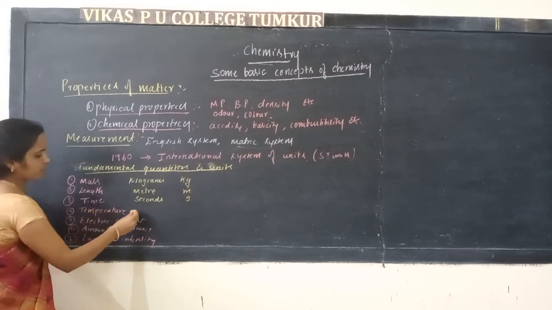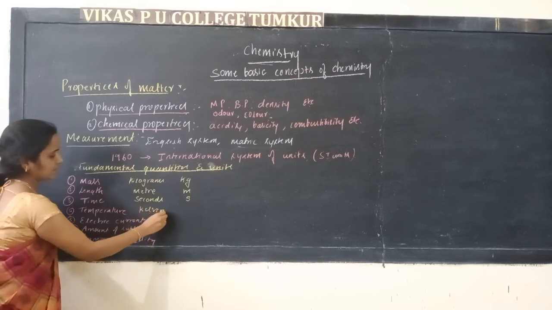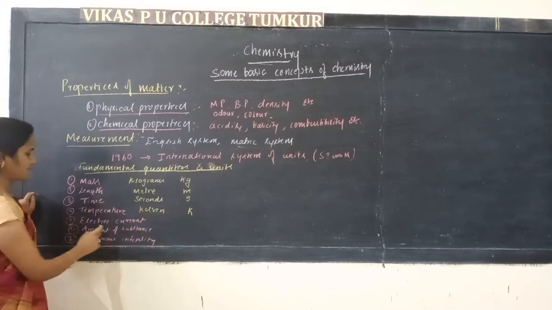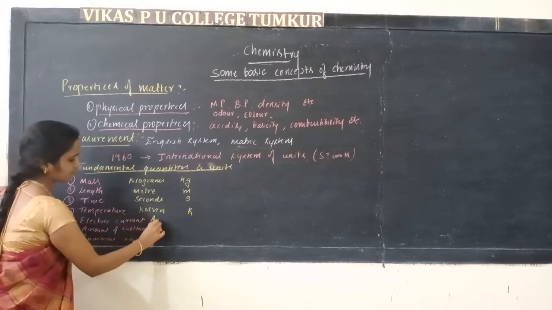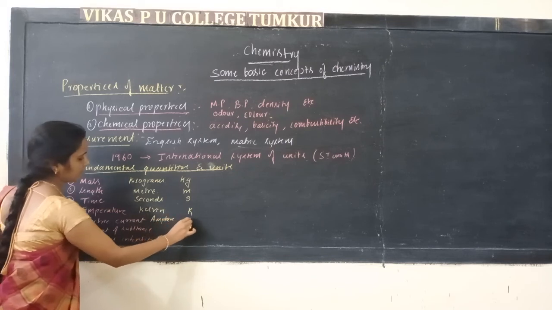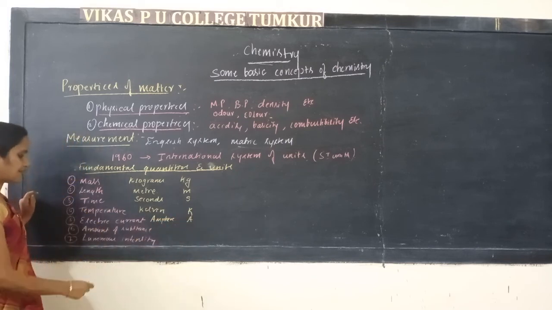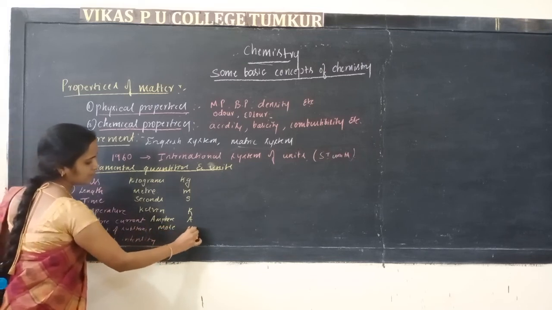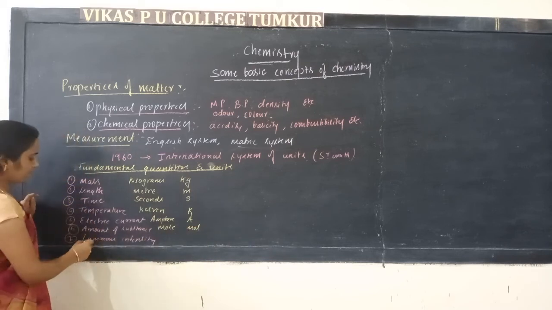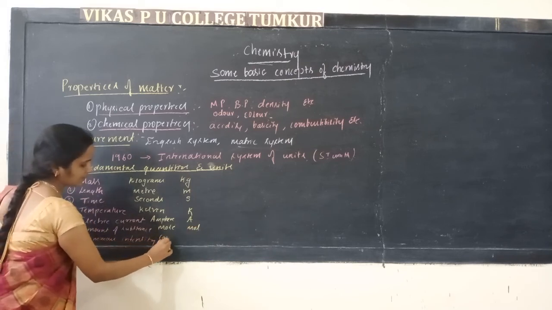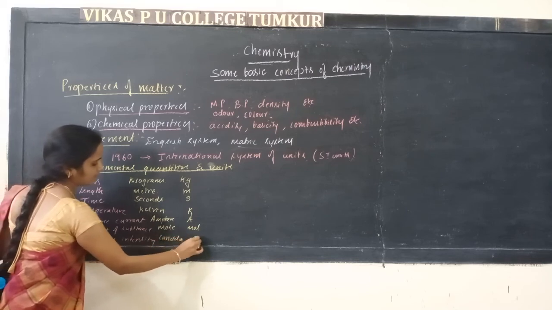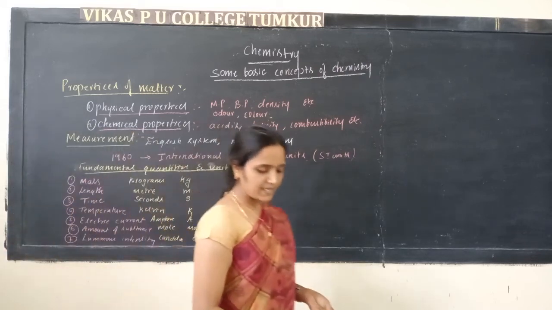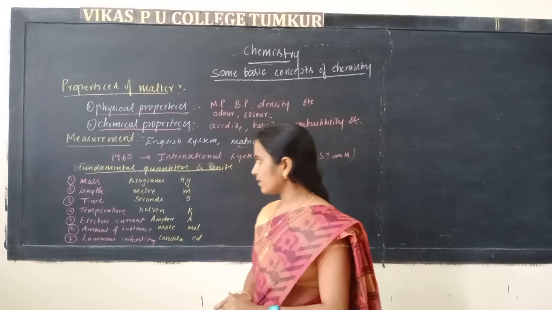Temperature, Kelvin: the unit of temperature is Kelvin, K. Electric current, ampere, with the unit capital A. The amount of substance is mole. Then luminous intensity is candela. This is about the 7 basic or fundamental quantities.